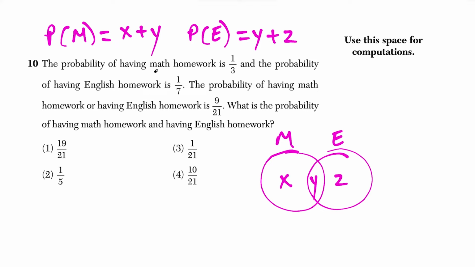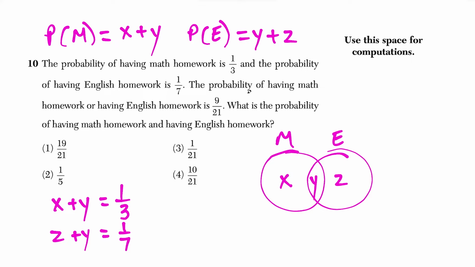So the probability of having math homework is 1 out of 3. So I'm going to set X plus Y equal to 1 over 3. And then we have the probability of having English homework is 1 over 7. So that's going to let us say Y plus Z, or I could say Z plus Y, is equal to 1 over 7. And then next we have the probability of having math homework or having English homework is 9 out of 21.